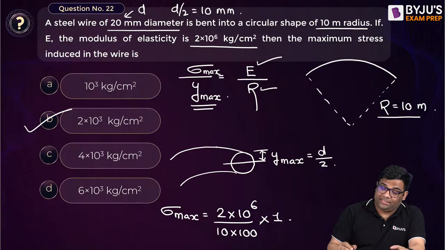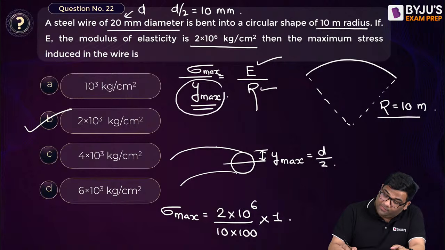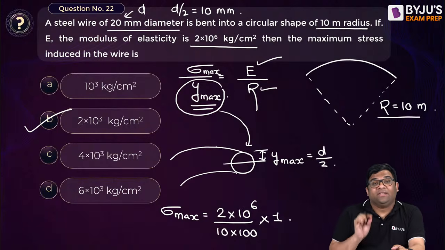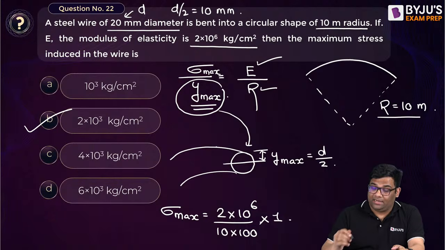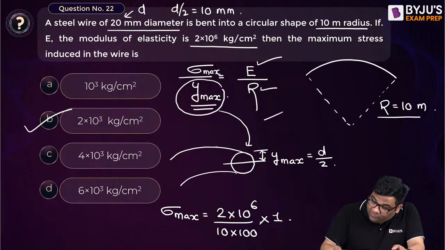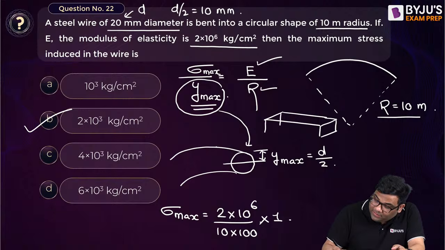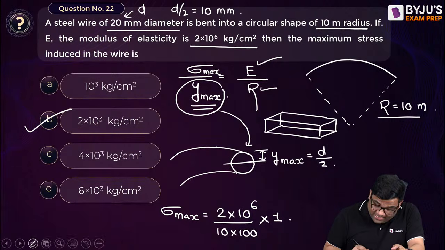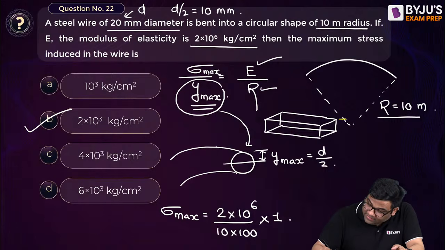Here the only catch is, remember, Y max. How to find out Y max? It will be like this. And sometimes they give a scale. If it is a scale, then the cross section will be what? Rectangular, right? If the scale is bending, the cross section will be rectangular, and I can say this thickness will be T. So what will be your Y max?